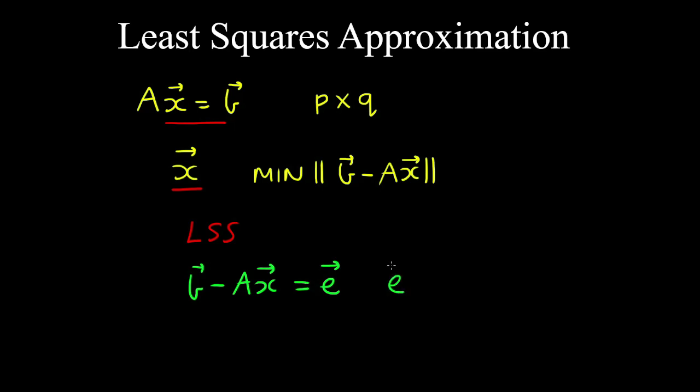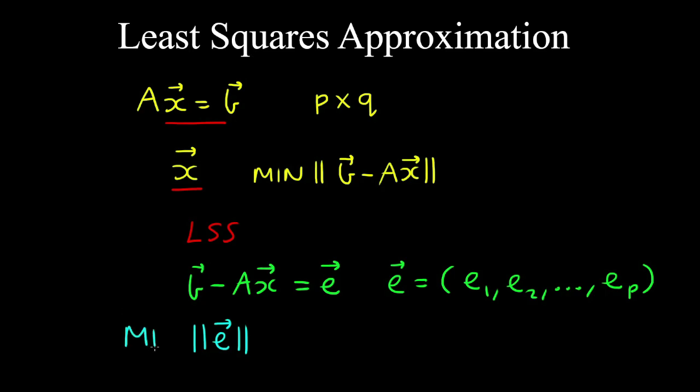So this error vector has P components equal to the number of equations. And the least squares error is equal to the norm of E. So the goal of the least squares approximation is to minimize this error, and x is called the least squares solution because minimizing this error also minimizes the square of the error.